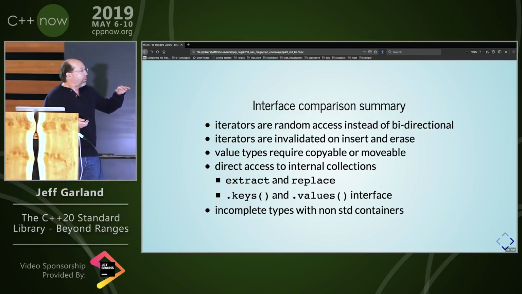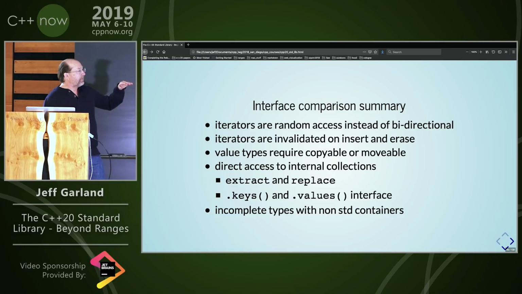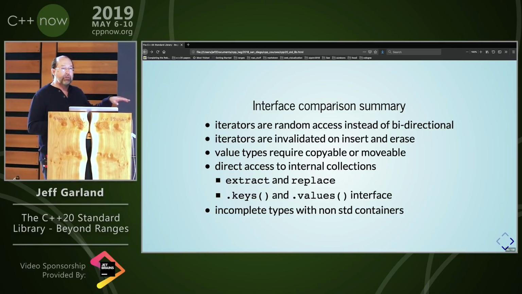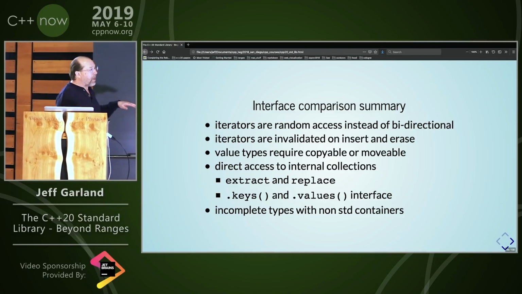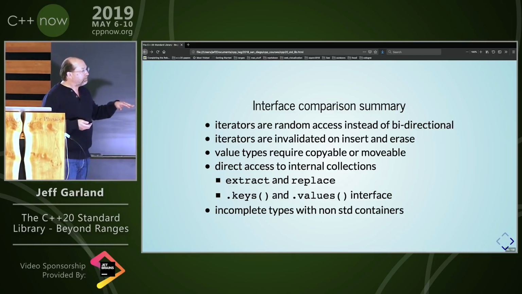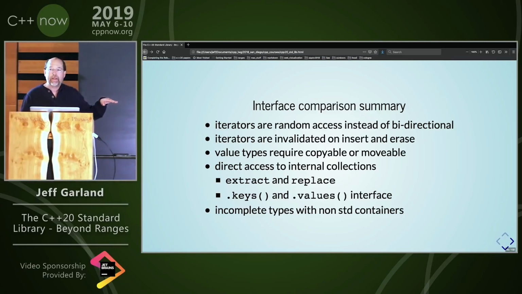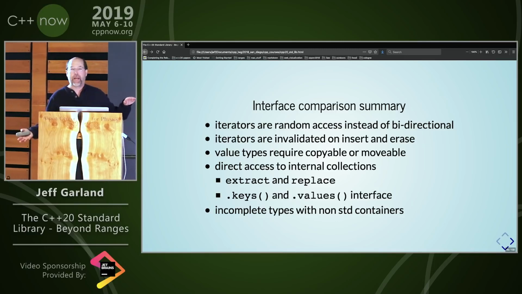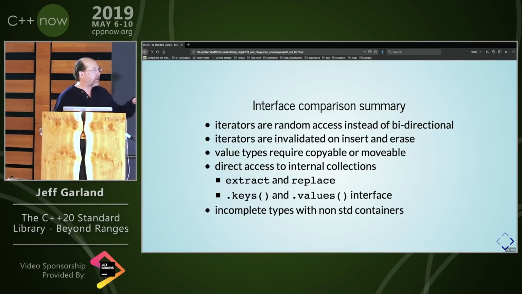One other note, if you're thinking about using incomplete types because you've used Boost flat_map, which definitely supports incomplete types, there's no fundamental reason why these adapters can't do that, but the underlying container types are going to have to allow incomplete types.